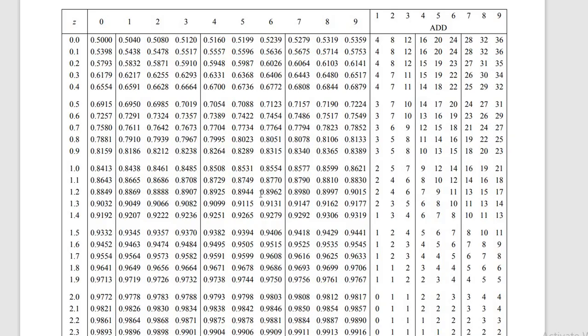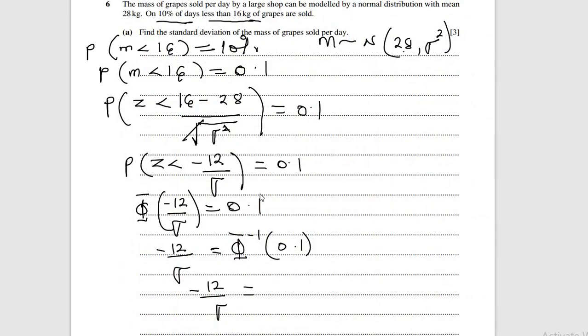Hold on. Have I calculated this? Sorry, I'm not done. There's a mistake here. I'm supposed to be looking for 0.9. Phi of negative means 1 minus phi of positive of it.